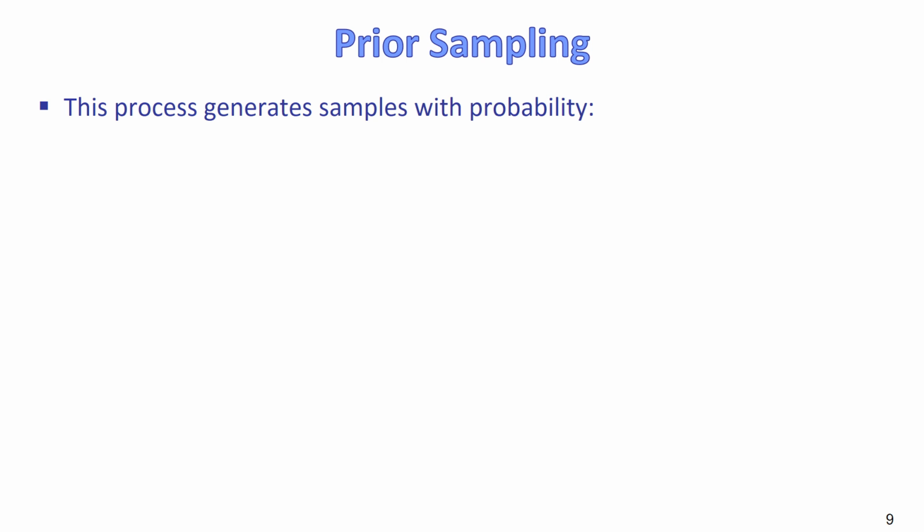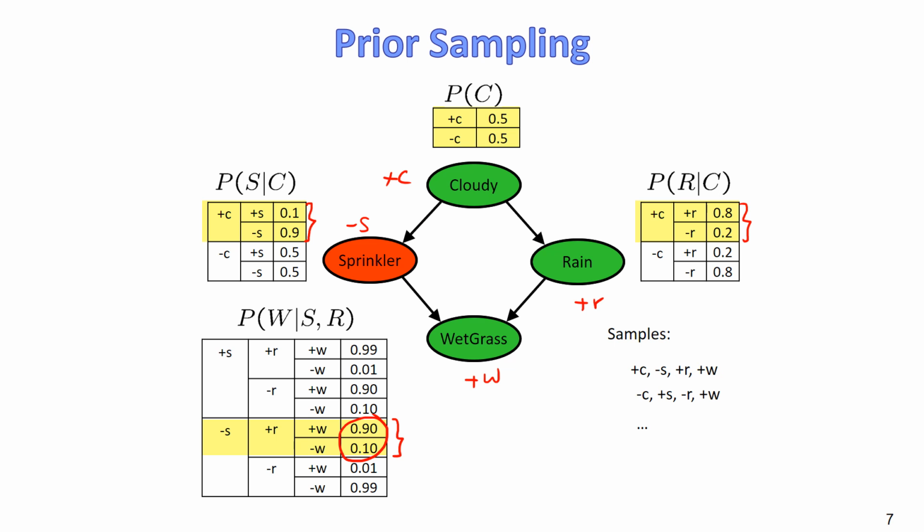Now, this process generates samples with a probability. What is the probability of generating one sample? If we go back to this sample, what is the probability of getting this sample? Knowing that this is a Bayes net, we can compute the joint probability of this sample, right? Even without knowing the Bayes net, let's see through the process that we did, what was the probability to get that sample? We draw from cloudy first, right? From this distribution, so the distribution is P of C first.